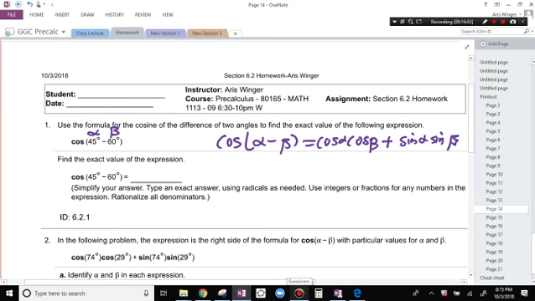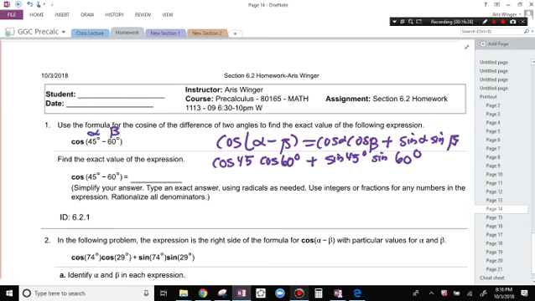So this is going to be the cosine of 45, the cosine of 60, plus the sine of 45, the sine of 60. Now go to the circle.